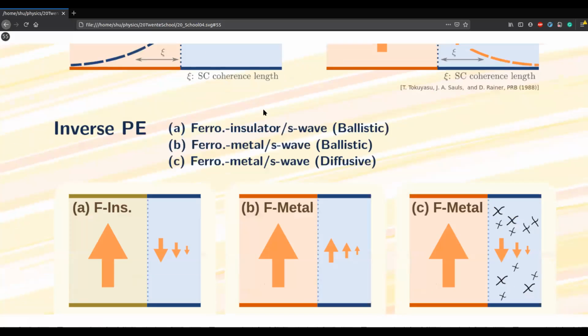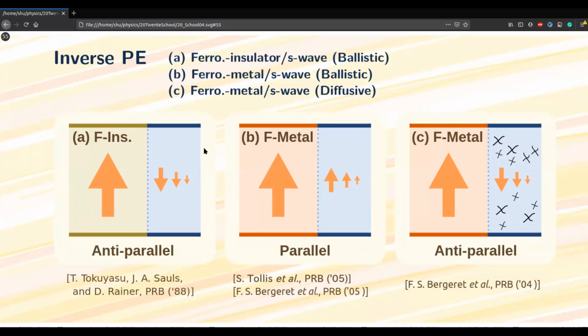So far, the inverse proximity effect has been studied in several cases, but actually there are only three cases. These two cases are ballistic, and this case is diffusive. This case uses a ferromagnetic insulator, and this case uses ferromagnetic metals. And interestingly, depending on the situation, the direction of the induced magnetization changes.